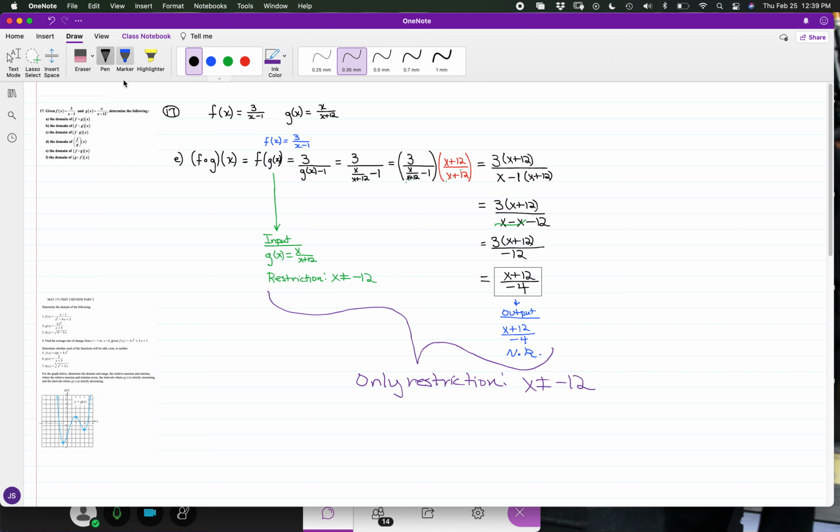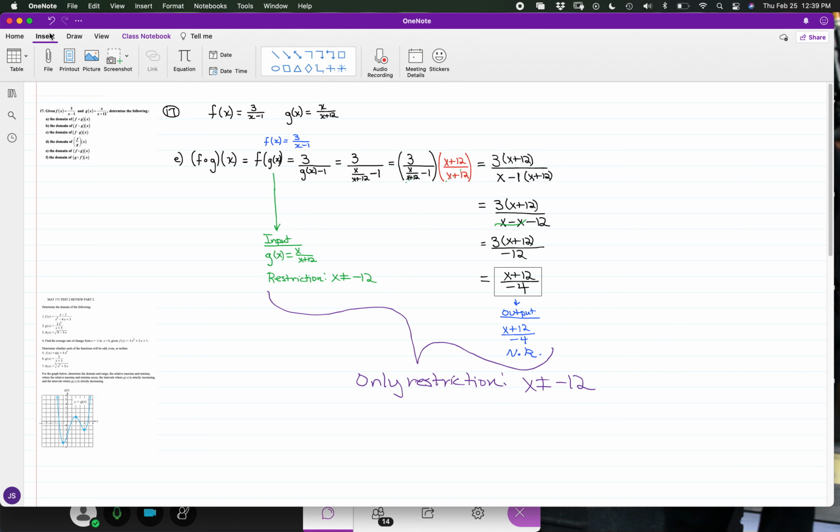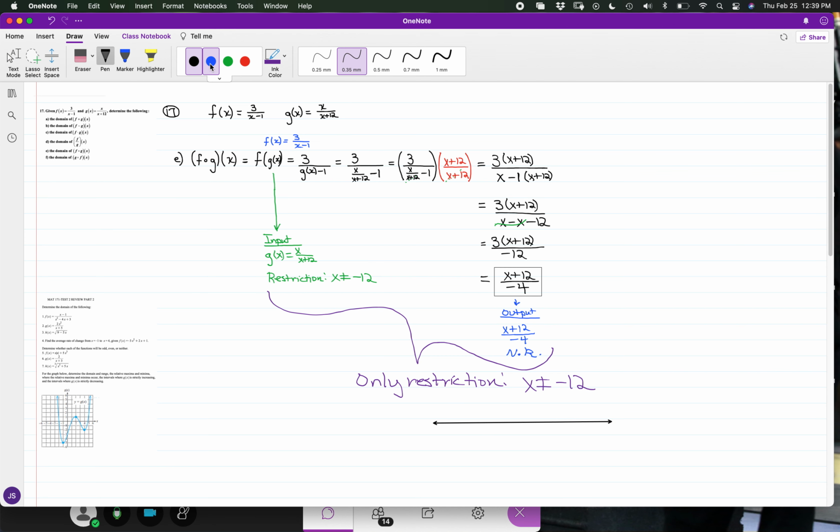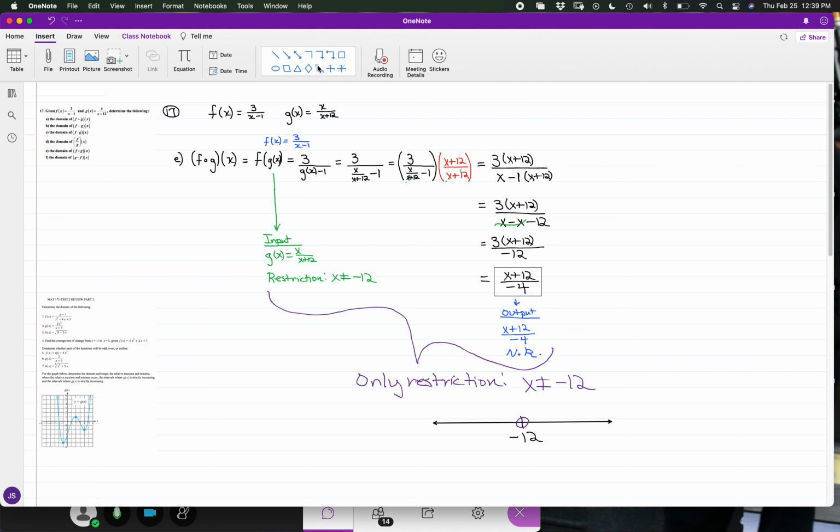And so in the case of the domain, -12 is left out. So you have a hole at -12, and then we have everything else in the domain.